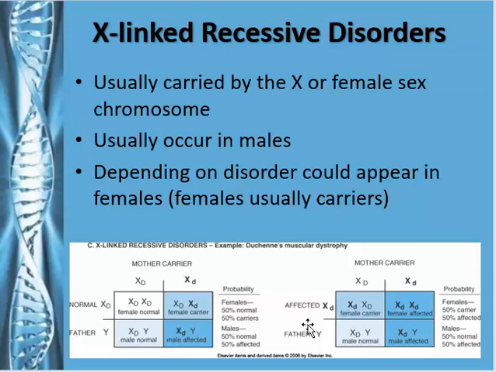People that are affected, that have this X-linked recessive disorder, generally know about it, and most of them choose not to father children. There's a lot of counseling that goes on, and very seldom do we see this arrangement.